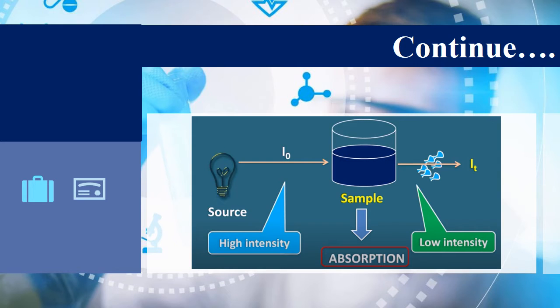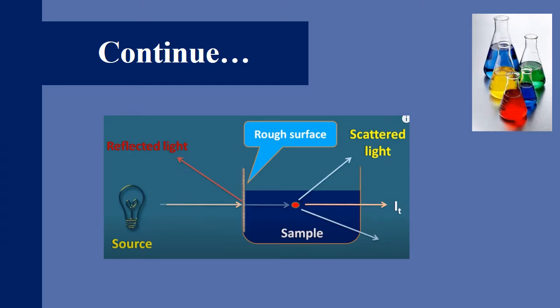Here, Beer-Lambert's law plays a key role, and it can be used for both quantitative as well as qualitative analysis of the drug by using electromagnetic radiations. Suppose we have a sample solution and we are going to irradiate it with the electromagnetic radiations, and we can determine how much of the electromagnetic radiation is absorbed by the sample.